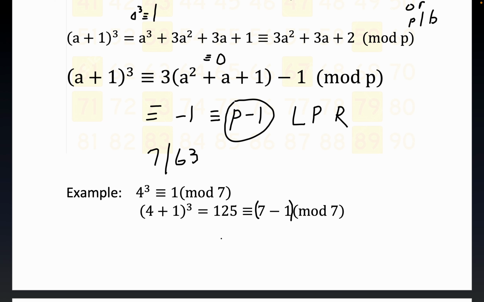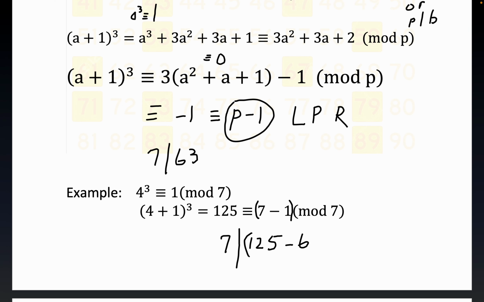In other words, 7 divides 125 minus 6. Now 125 minus 6 is 119, and 7 times 17 is 119. So 7 divides 125 minus 6. I'll do that parenthetically.